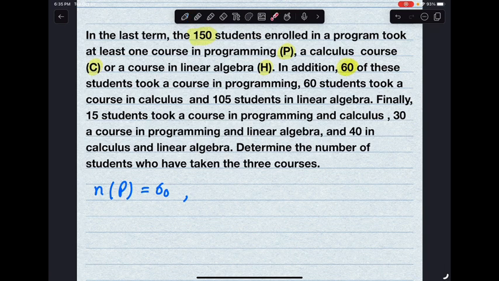The next part is 60 students took a course in calculus, so N of C, the number of students in calculus, is 60. The next part, 105 students enrolled in linear algebra, so N of H is 105.